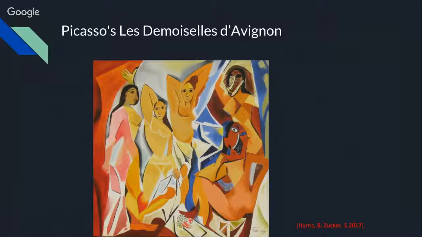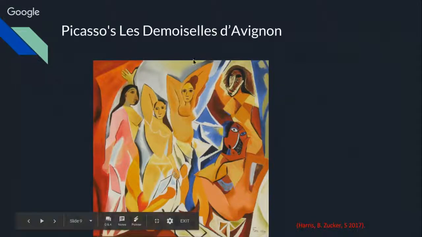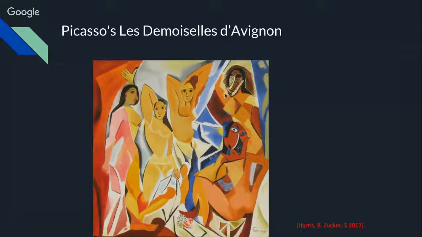And so this represents otherness. This represents just the danger of what was going on in Barcelona in that time, and how big prostitution was, and how these women here are waiting to please.